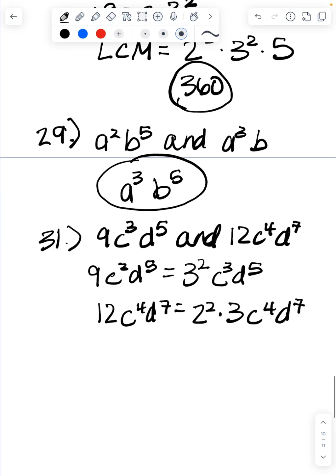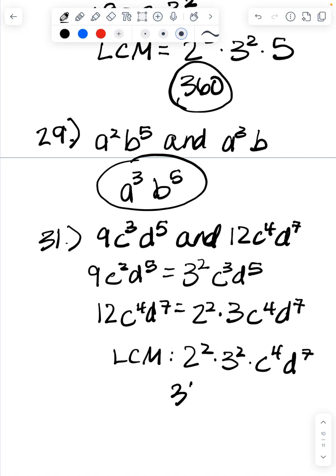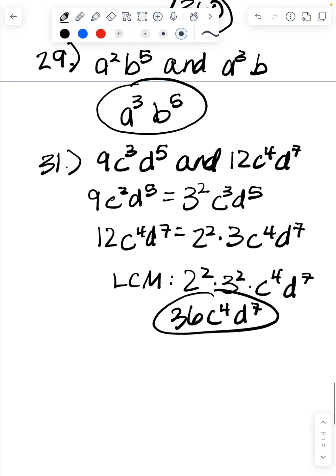So now we're going to look at all these factors. Let's start with the 2. Highest amount of 2's is 2. Highest amount of 3's is 2. Highest amount of c's is 4. Highest amount of d's is 7. This is going to give us 36 c to the 4th, d to the 7th.